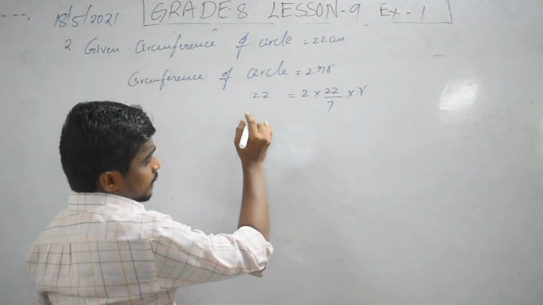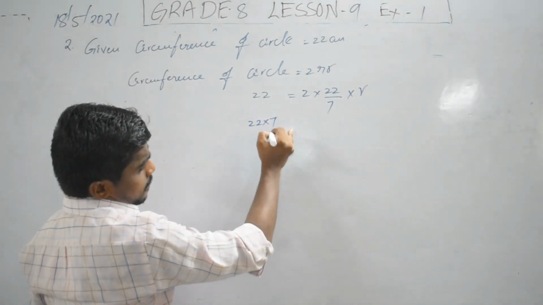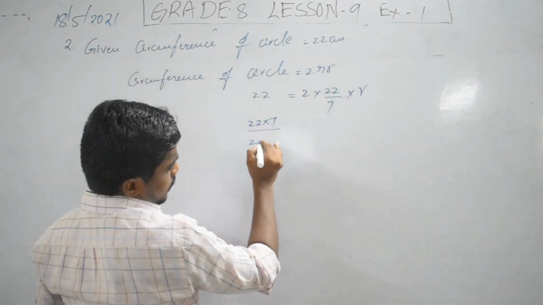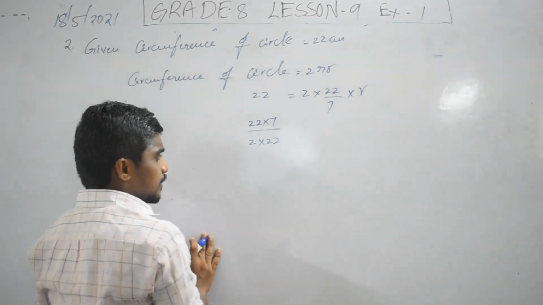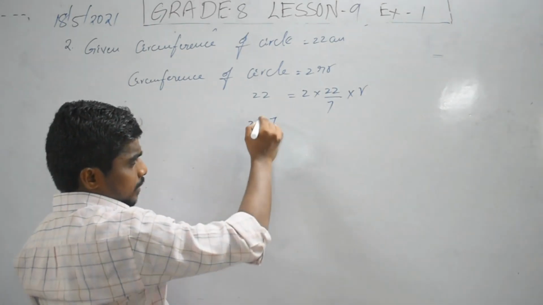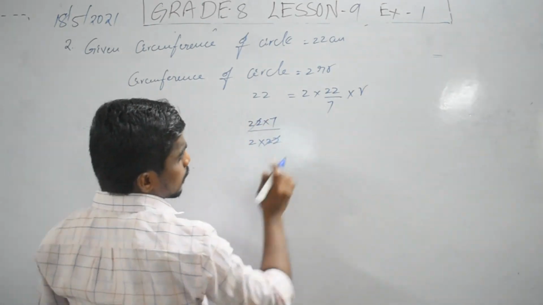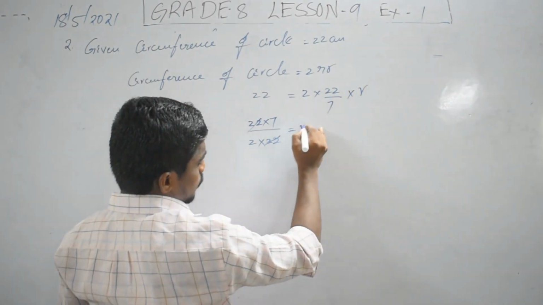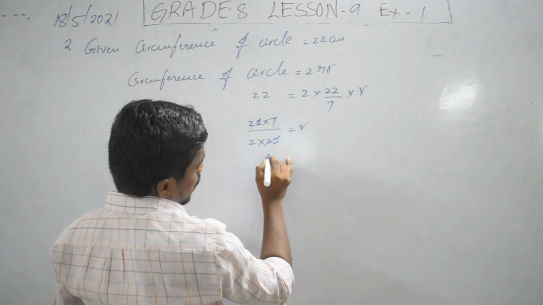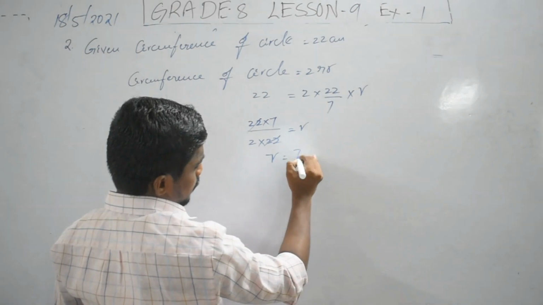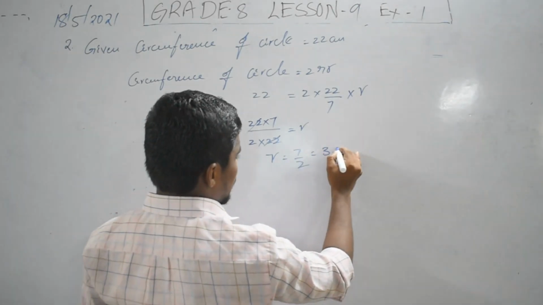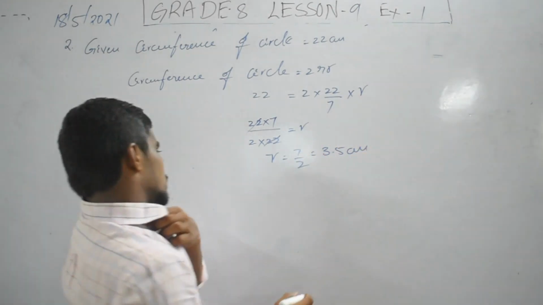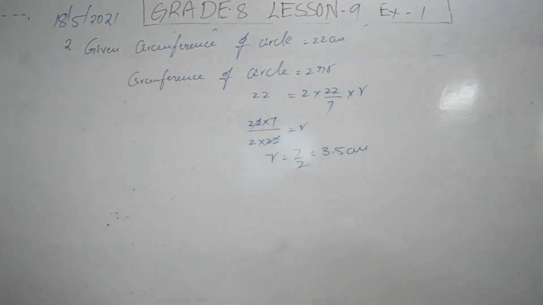These 7 moving this side, and this one moving this side, like a division. 22 1s are 22, 2, so r equal to 7 by 2, value 3.5. Next, radius we know. They are asking area.